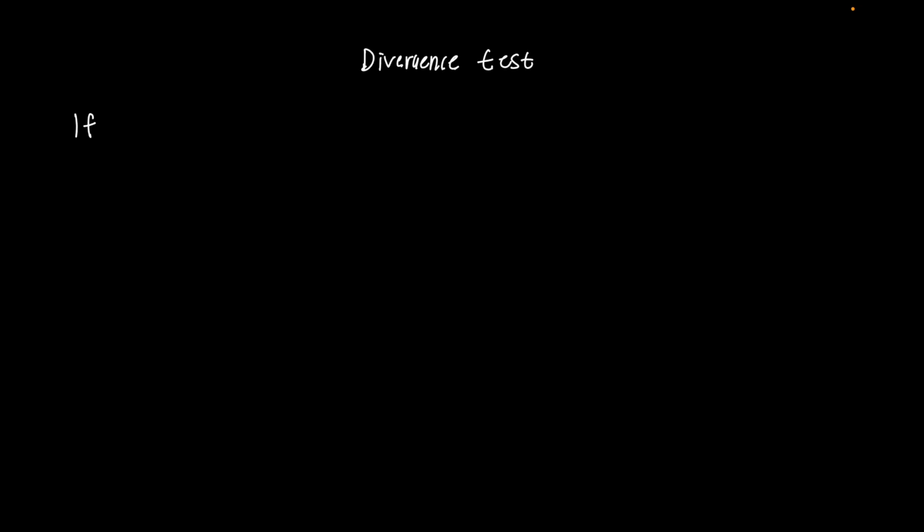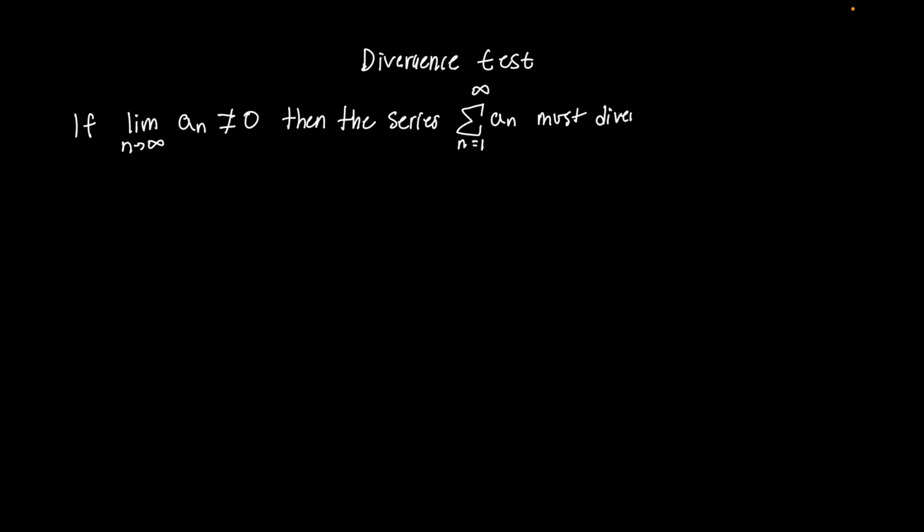If the limit as n approaches infinity of a sub n does not equal 0, then the series must diverge. And we also call this the nth term test for divergence.